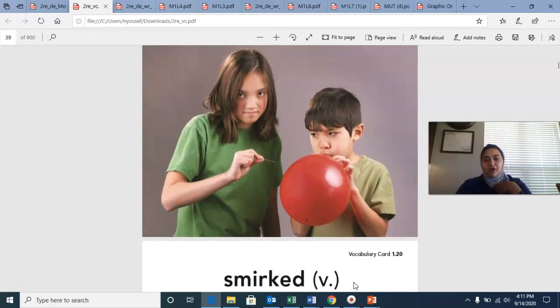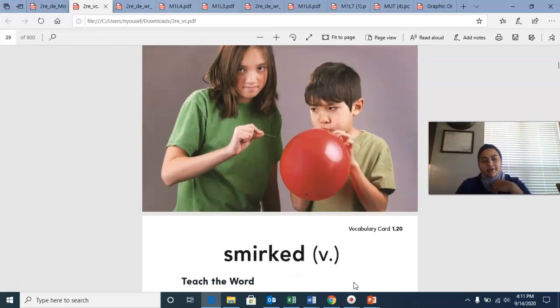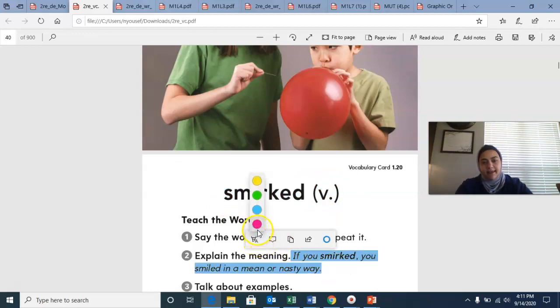If you read in a book, the evil villain smirked as they watched someone being trapped, they're laughing in an evil way. So go ahead and write the word smirked and write the definition. If you smirked, you smiled in a mean or nasty way. If you need more time, you can pause the video now.